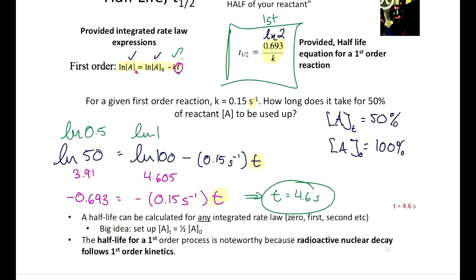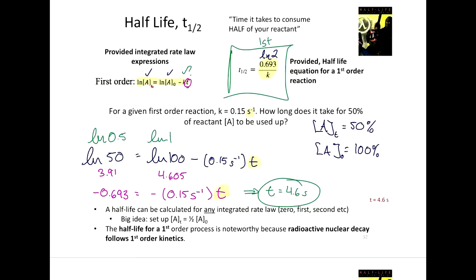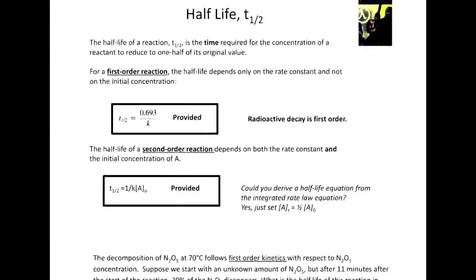All right, so that is for a first order reaction, and I'll note that all radioactive decay kinetics follow first order kinetics. So if we're referring to some type of radioactive decay, technically we don't need to tell you that it's first order kinetics. You should know that all radioactive decay is first order kinetics. But for any other type of reaction, we would have to tell you what the reaction order is.